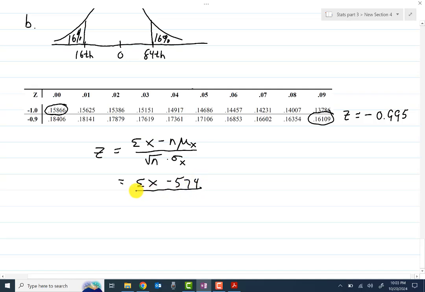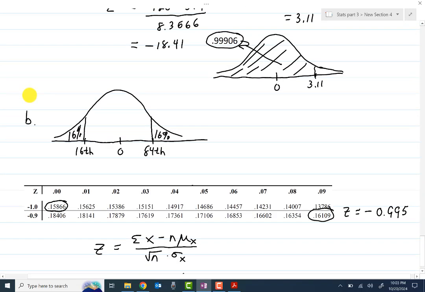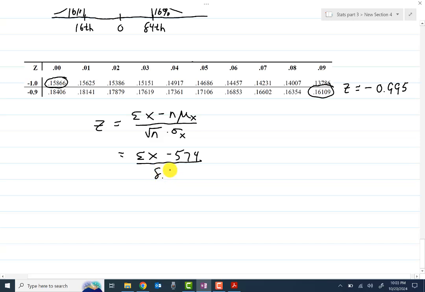And on the bottom, square root of n times sigma of x was 8.3666. And this is going to equal negative 0.995. So I'll put that over 1 and do the cross multiplication.